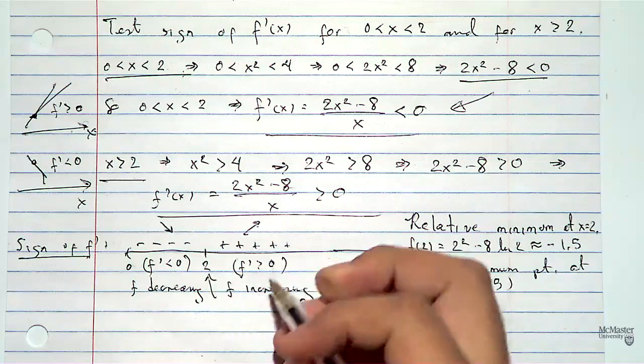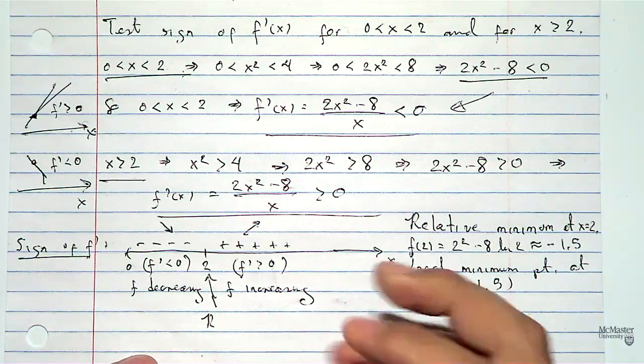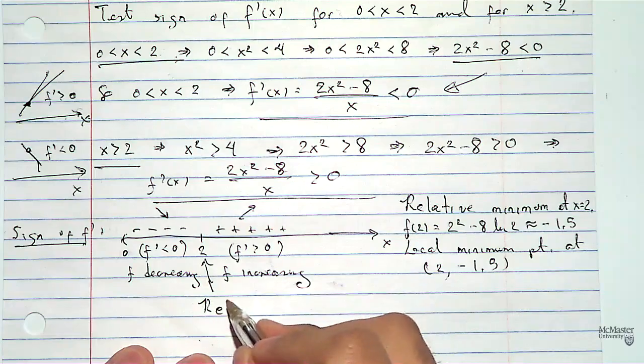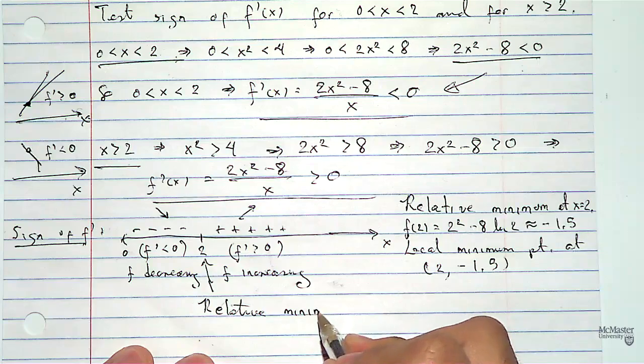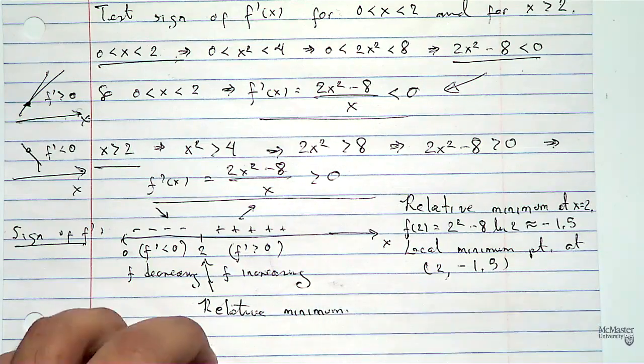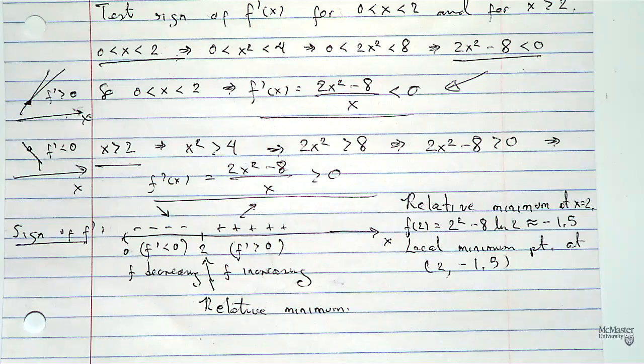So it is a relative minimum. But you see why it was of interest to find the sign of f prime? Because I can find the regions where the function is decreasing, where it is increasing, then deduce geometrically that I have a minima. Of course, there are some other criteria to actually determine it, but this is pretty intuitive.